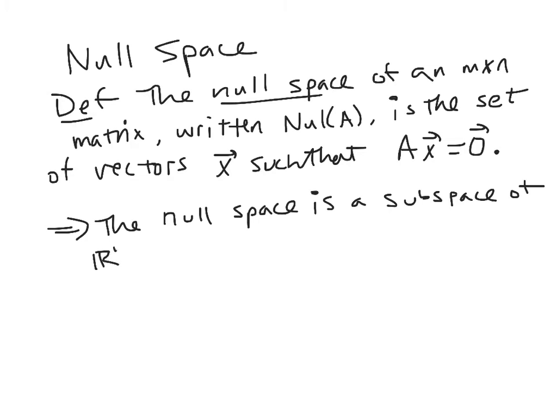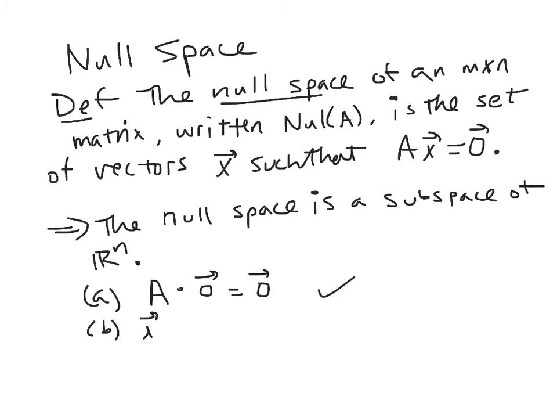And let's show why that's the case so that you can see what goes into showing something is a null space. So the first question is, is the zero vector in the null space? Well, of course. A times the zero vector is the zero vector. So the first condition of a subspace is satisfied. Is it closed under addition?